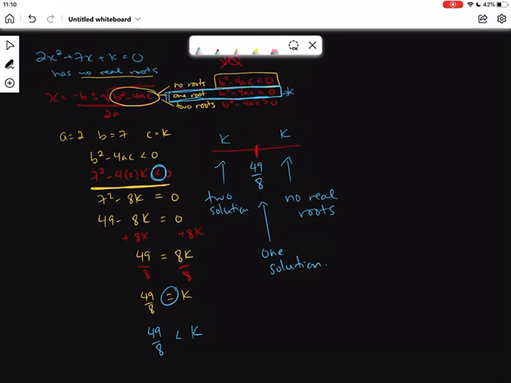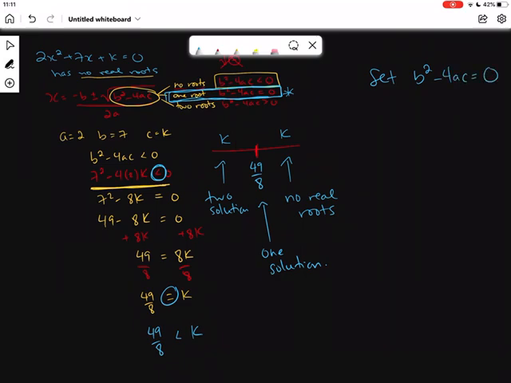So every time you're trying to figure this out for an example that looks like this, where you don't know what c is, all you have to do is set b squared minus 4ac equal to 0.